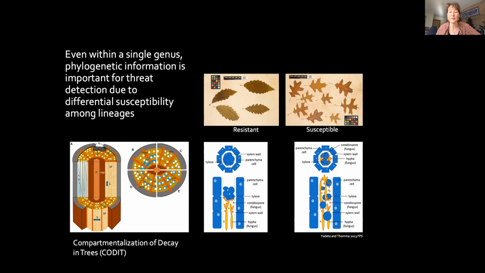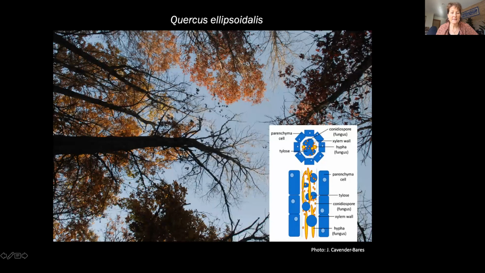So the red oaks are much more susceptible than the white oaks. And in eastern deciduous forests, about half the species are white oaks and half the species are red oaks. Here's an image of Quercus ellipsoidalis and its crown that has died with its neighbors still alive.